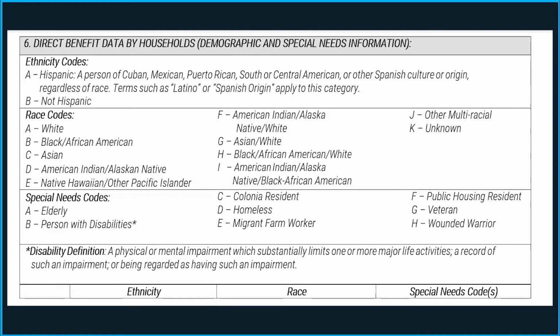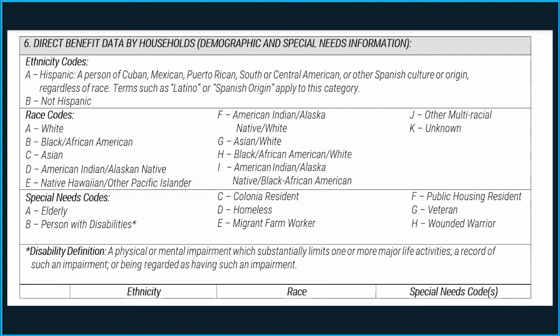K is if your race is unknown. There are 8 special needs codes titled A through H. The applicant should select all that apply for each household member.